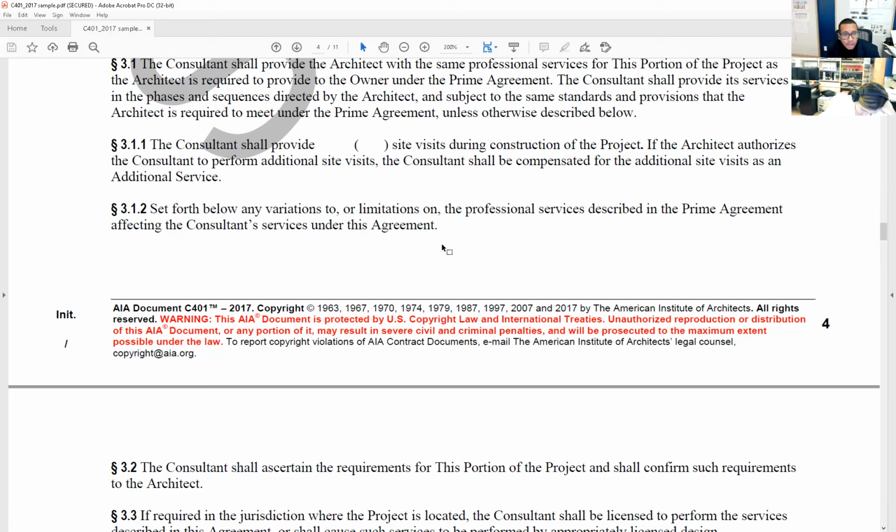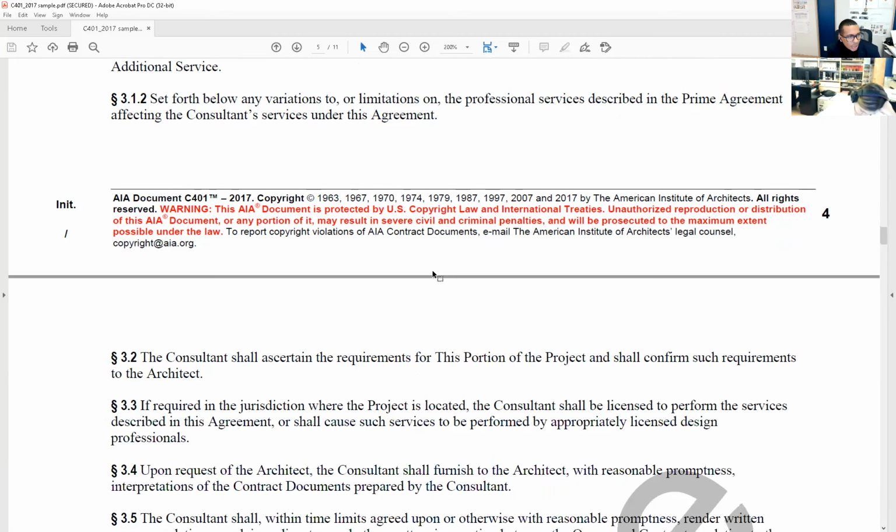They need to say it in here. What it really is saying also is, yeah, I'm agreeing to doing something on the project as per the prime agreement, but there's something that I may not be doing, or I may just do X amount to this extent, not beyond that. All right. They put it in there.